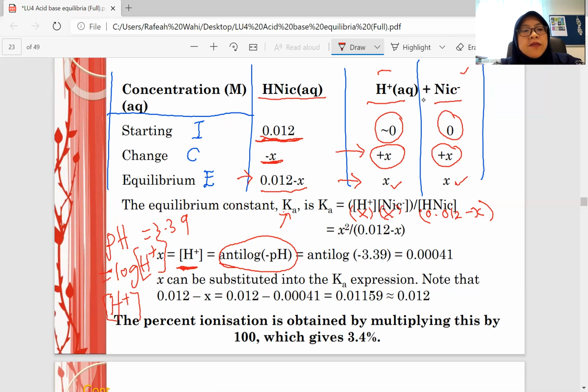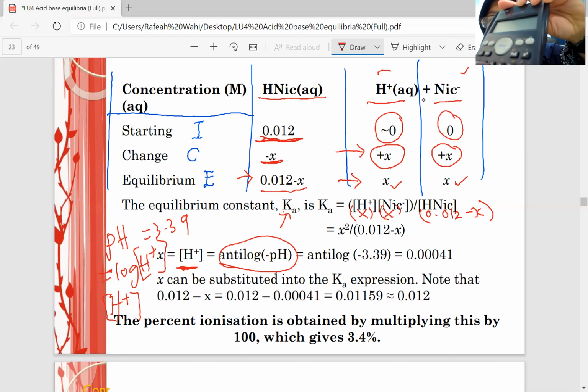If you look at your calculator, I will show you on the camera. I hope it's clear. Search for log here.